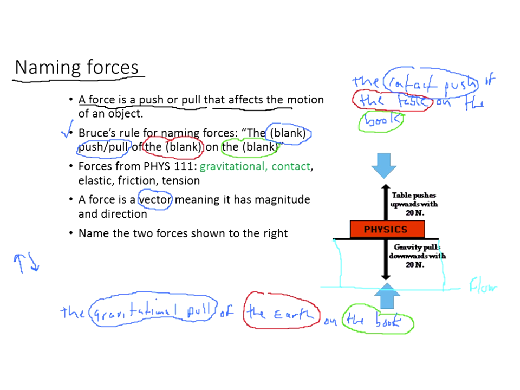We're not, because if we were to fill this out, we would say the contact push of the floor, but the floor is not touching the book. The floor is touching the table. So that doesn't end with on the book. When you're doing this, you know you've got a properly labeled and a properly utilized force when the last phrase is the object in question, so the book in this case.